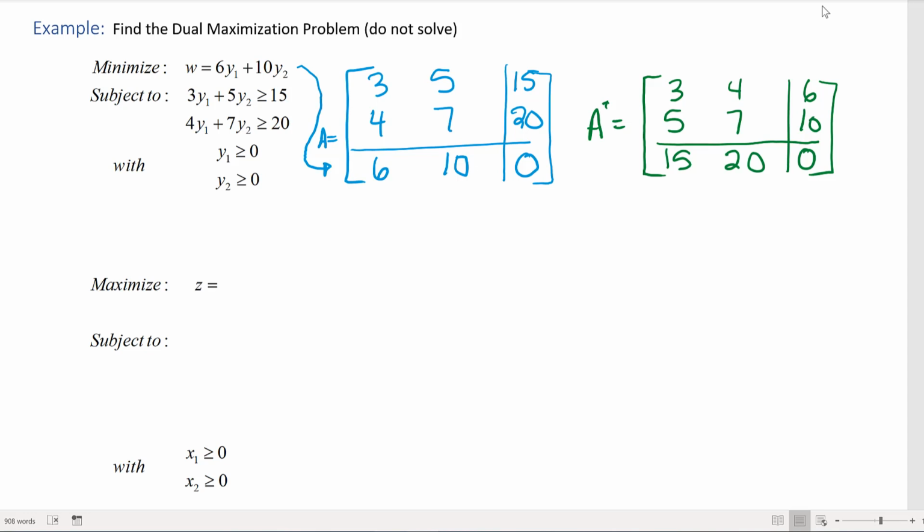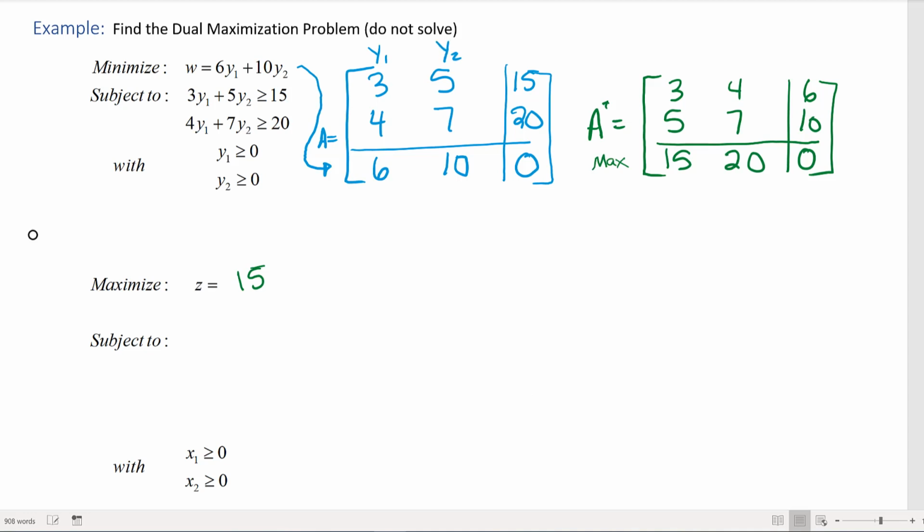So the bottom row is going to be my max problem, so my max objective function. Instead of w equals, I now have z equals, because this is a maximized problem, 15, and instead of y1, these variables in the blue are y1 and y2.